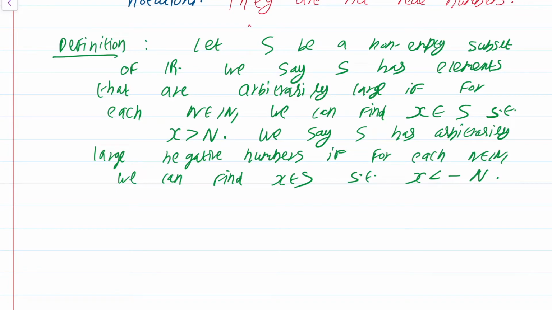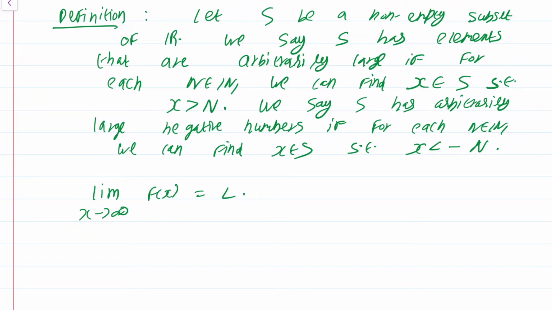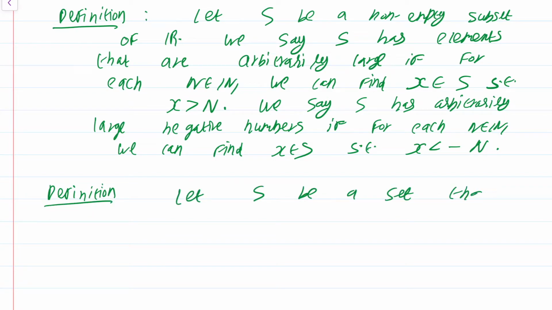Okay, now we are going to try to define what it means for limit x going to infinity f of x to be equal to L. That's the aim. So definition. Let S be a set that contains elements that are arbitrarily large.